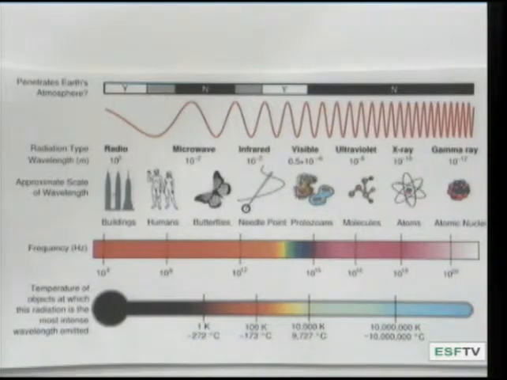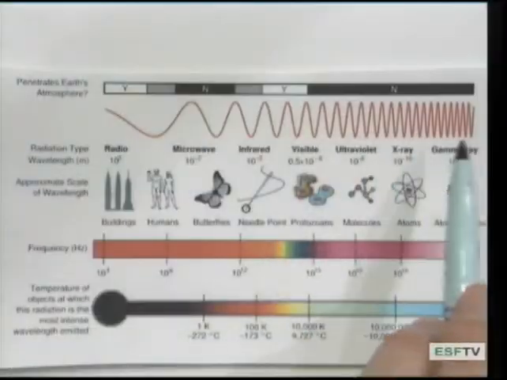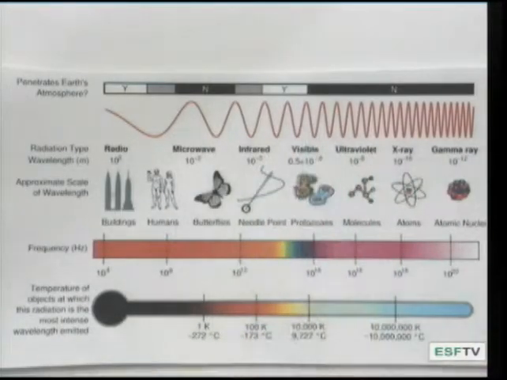Now, it's important to realize that when we talk about these wavelengths and frequencies, we have to be cognizant of the speed of light. And of course, speed of light is one of these constants of the universe. It's on the order of about 300 million meters per second or so. But depending upon the wavelength, that's going to vary the frequency of the electromagnetic spectrum.